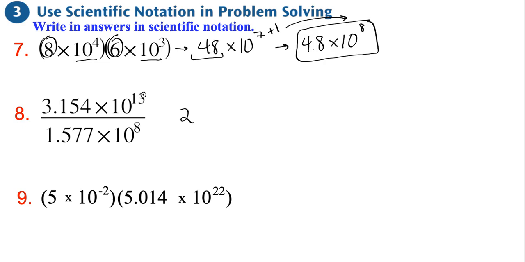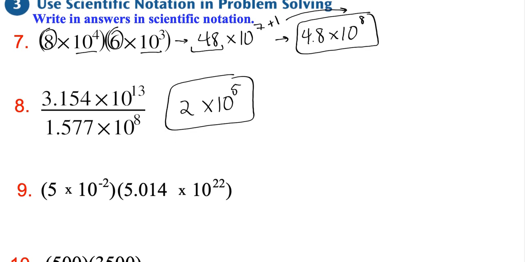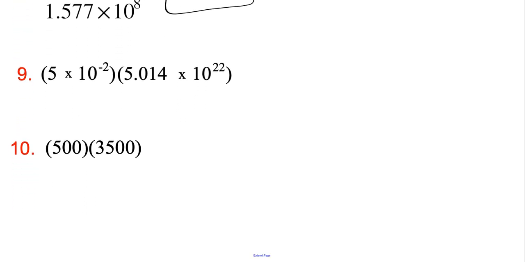We're going to subtract the exponent. So this would be times 10 to the 5th. Okay, 2 times 10 to the 5th. And I'm not going to worry about significant digits here. This would be sufficient. Okay, and we got one more, or two more, excuse me.